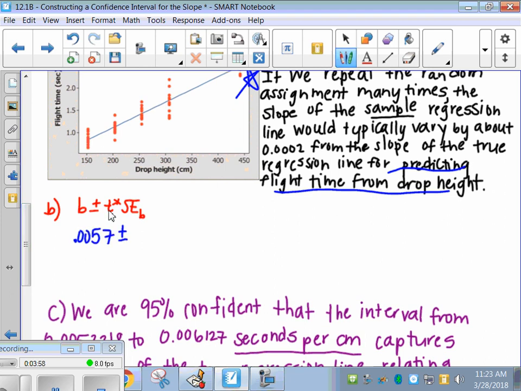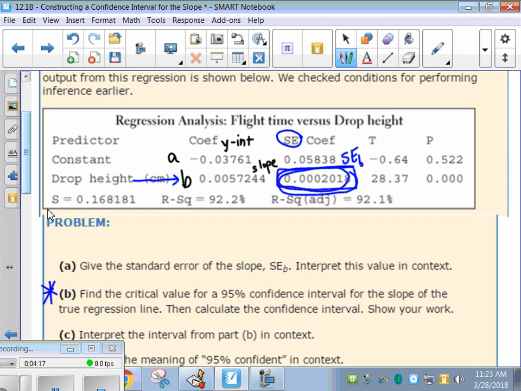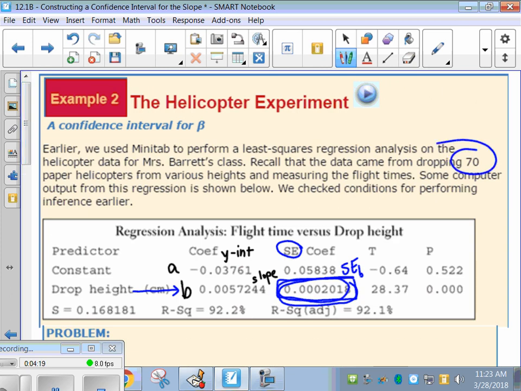Plus or minus. Okay, t star is inverse T on the calculator. And we're looking for an area. We're doing 95% confident, so half of 5% is 0.025. And then we're doing degrees of freedom is n minus 2. So n is 70. We dropped 70 helicopters.